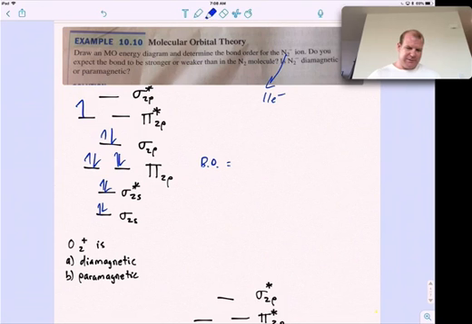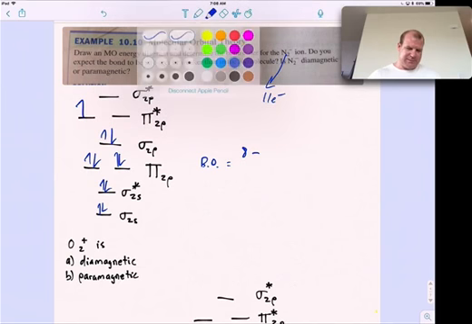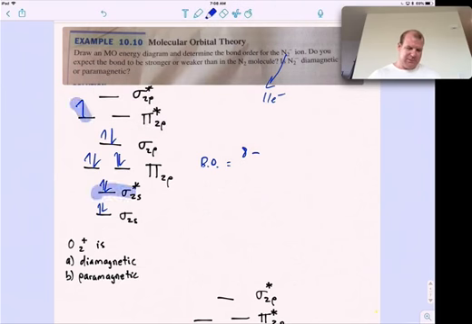So you get 2, 4, 6, 8 bonding. So 8 bonding minus 3 anti-bonding over 2. This is equal to 5 halves, 2.5. Okay, so the bond order is 2.5 for N2 minus.